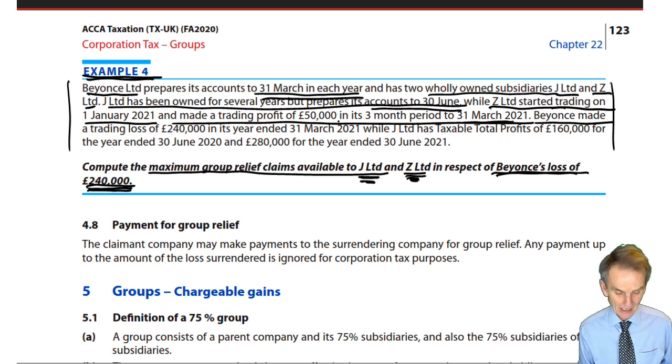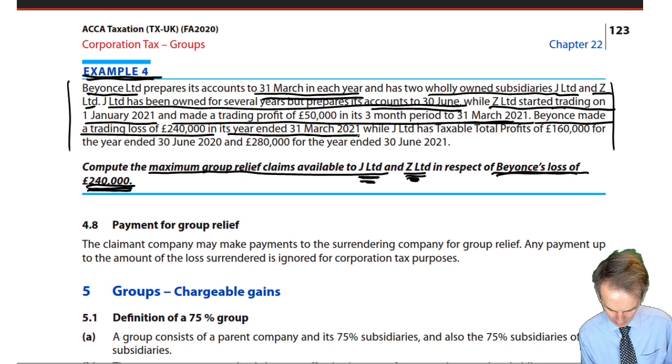But Beyoncé will have a trading loss of £240,000 in its year ended March 21, whereas Z Limited only started trading on the 1st of January and therefore had a trading profit of 50,000 in what is only a 3-month period.